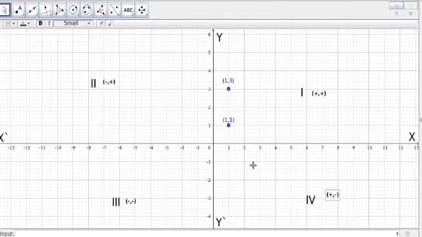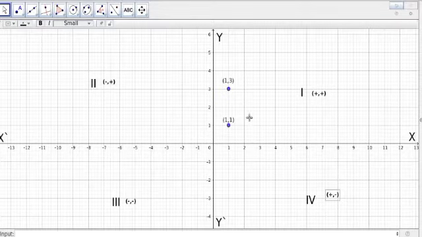In the fourth quadrant, the x-axis numbers are positive and the y-axis numbers are negative. In an ordered pair, first we write the x coordinate, then the y coordinate. So the numbers are of the form (plus, minus). That is, first we write the positive number, then the negative number. Okay.